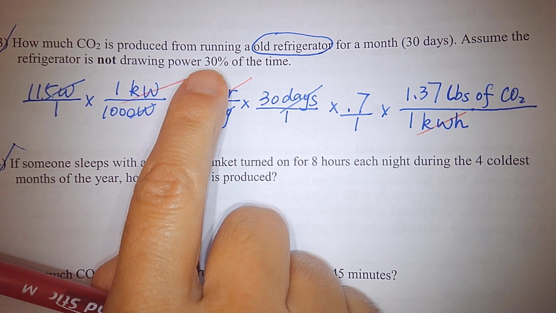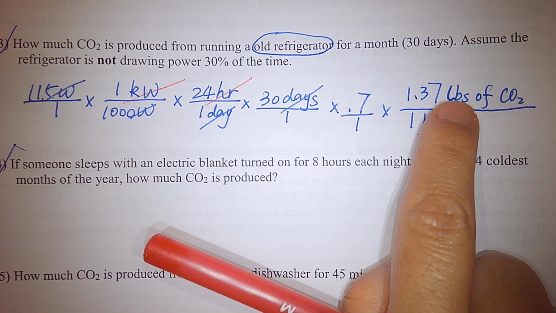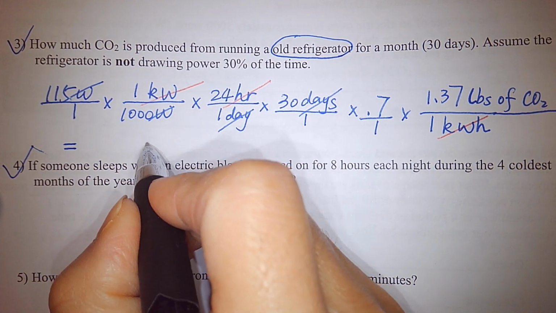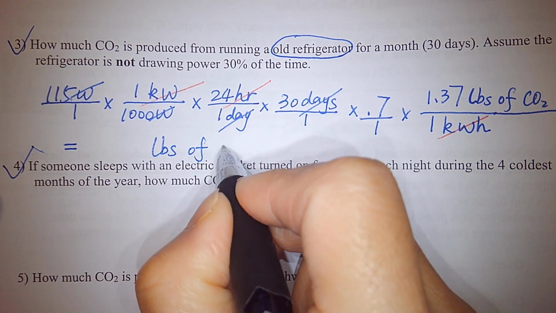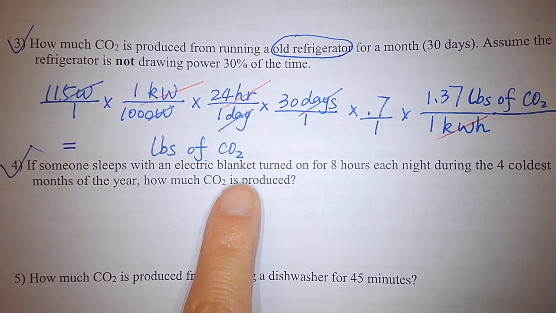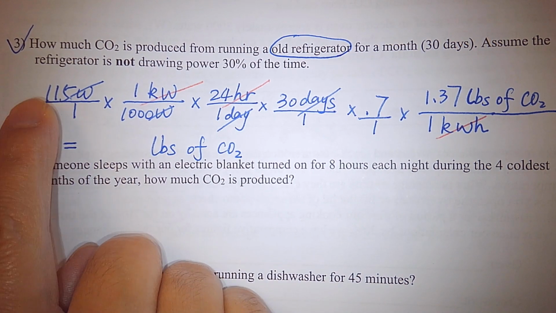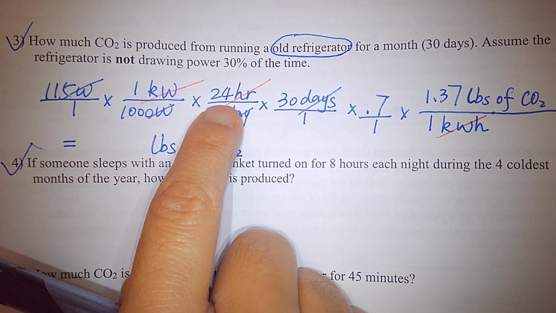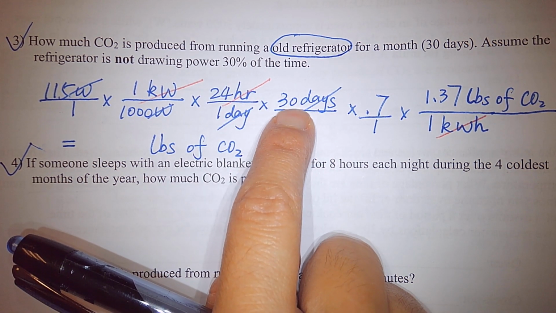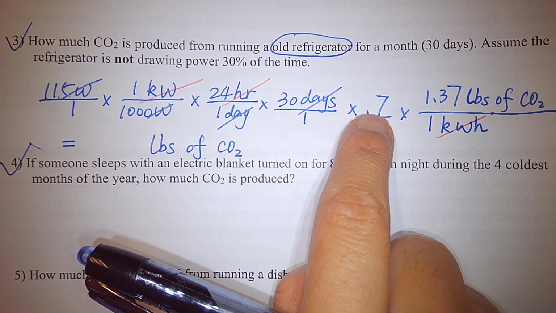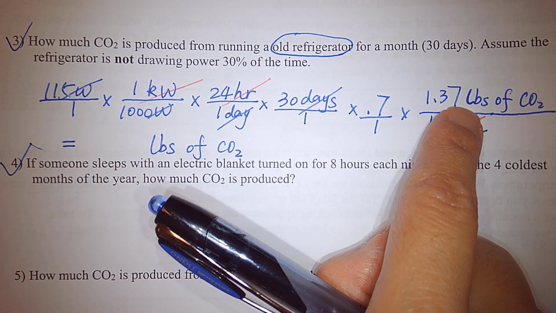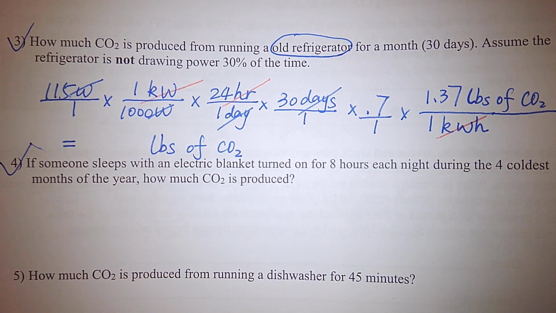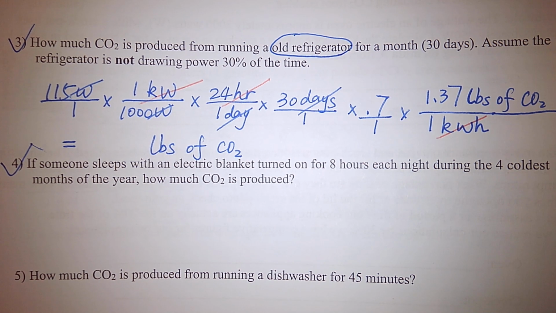There are no other units left. Only pounds of CO2 is left. So this equals pounds of CO2. And then let's compute. It's a long line. 115 times 24 times 30 times 0.7 times 1.37 and divide by 1,000. Type this in your calculator.